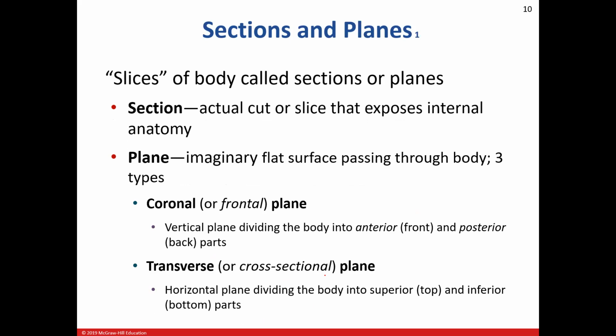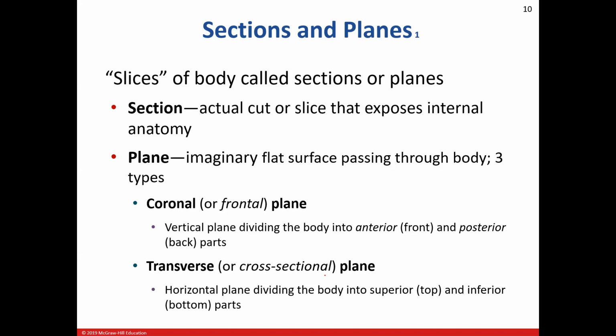All right, so now what we're going to do is take this reference stance and cut it up into sections and planes, or slices. So the two types of slices that we're going to discuss are sections and planes.